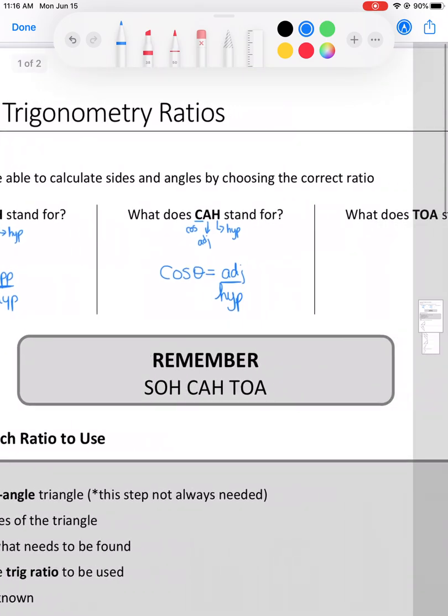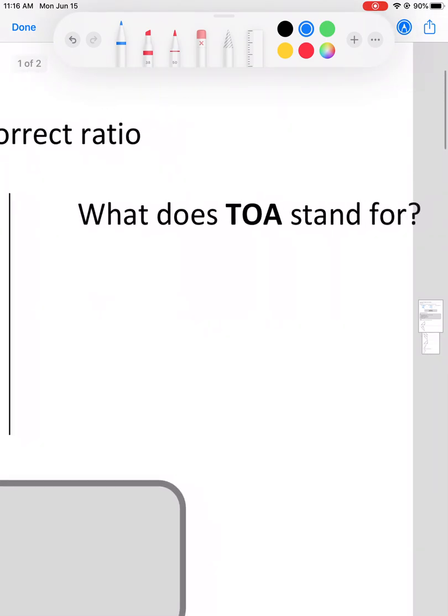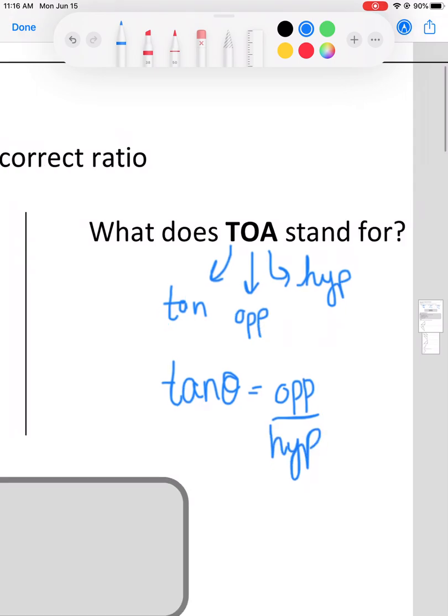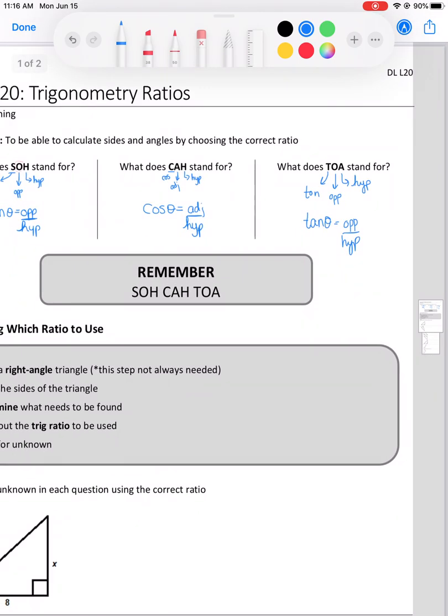Last but not least, tan, TOA. Tan theta is equal to opposite over adjacent. Okay? So those are the three ratios that you're going to need to know to solve for these triangles.